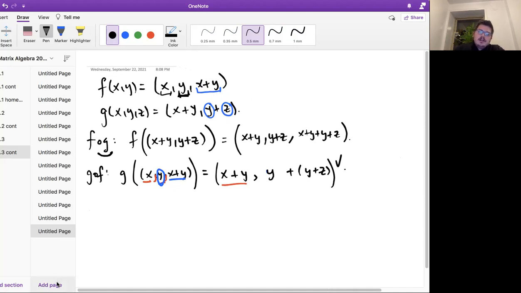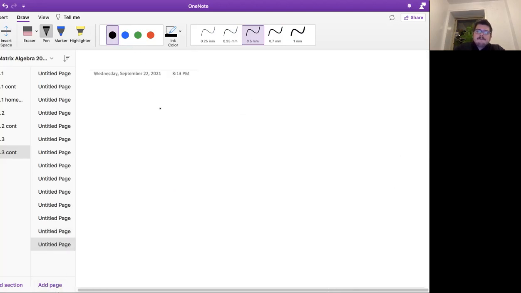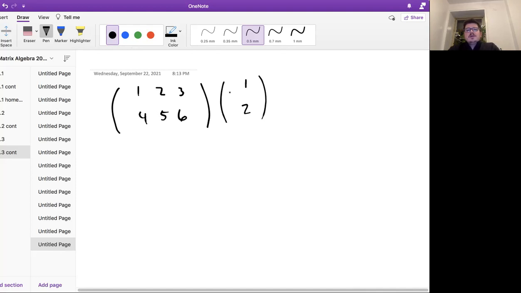So in that language, let's think about matrix multiplication. Does this make sense? What is the input space, first of all, of this first matrix? No, sorry, let's do this one.